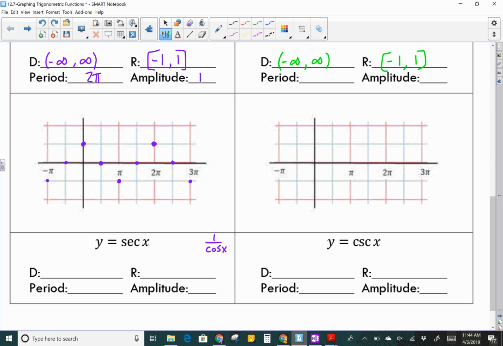But before I connect them now, I'm always going to look and see, am I graphing the cosine or am I graphing the secant? And if I'm graphing the secant, that's 1 over the cosine, which means I have a problem whenever the cosine equals, yep, you said it, 0. So everywhere you have a 0, you actually have an asymptote because your graph is undefined.